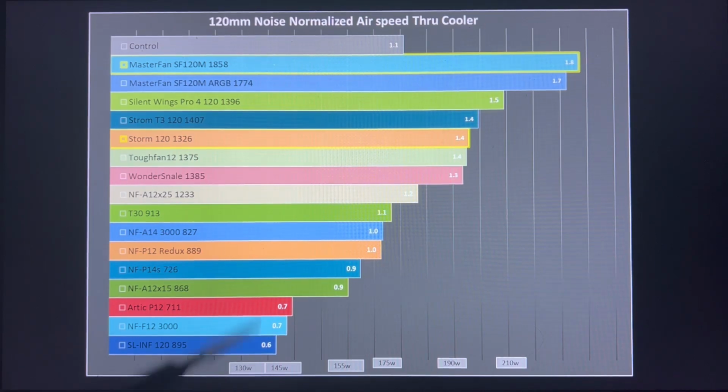So 130 watts on my CPU air cooler is associated with about 0.5 meters per second, while 210 watts of cooling is associated with approximately 1.5 meters per second of airflow, and I have a couple other key positions in there as well. A couple other notes about that.